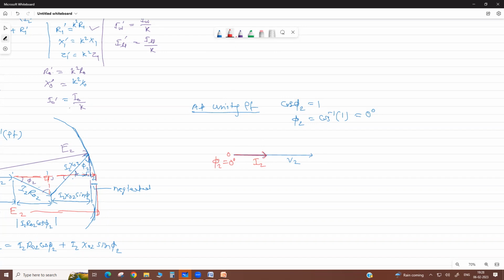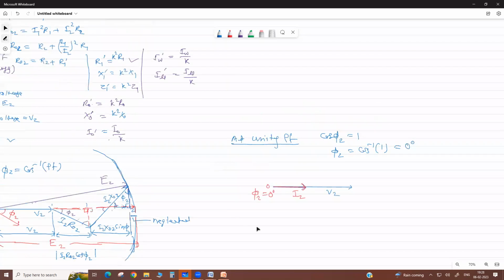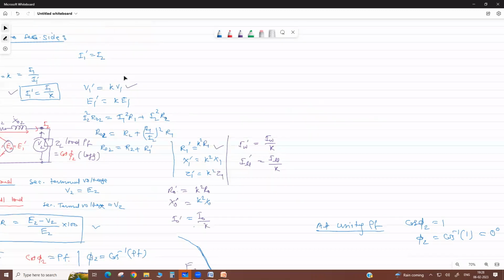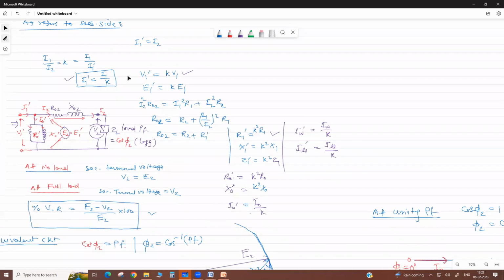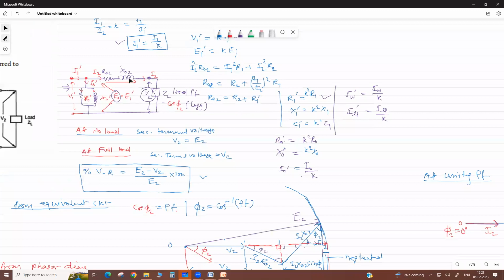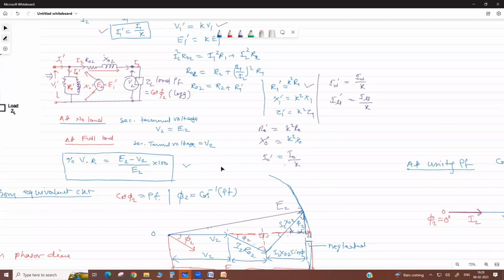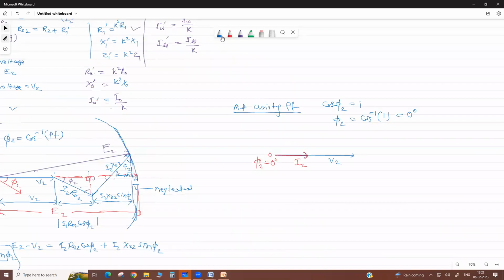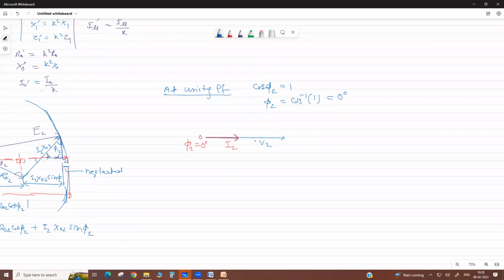Now due to this current, the drop in resistance is not 0. Resistance and reactance, this internal reactance, it is not a load impedance. Load is purely resistive, but this internal resistance and reactance will be there. So here, the drop due to this current in resistance is in phase with the current, so it adds here like this.